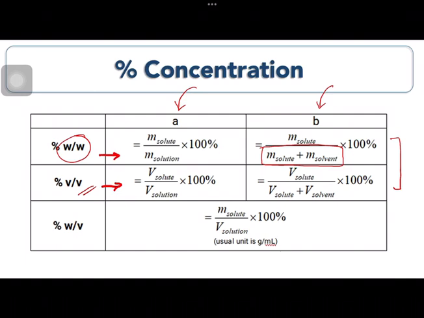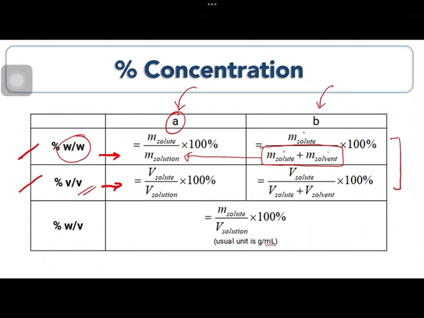Kapag given na yung solute at solution agad, use letter A. Depende na lang siya kung siya ay weight or mass or volume. Pag naman given yung components, like mass of solute at mass of solvent, you add muna yung solute and solvent natin. Kasi when you add the mass of your solute and the mass of the solvent, this is also equal to the mass of your solution.